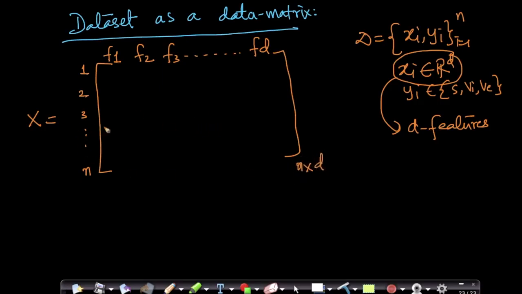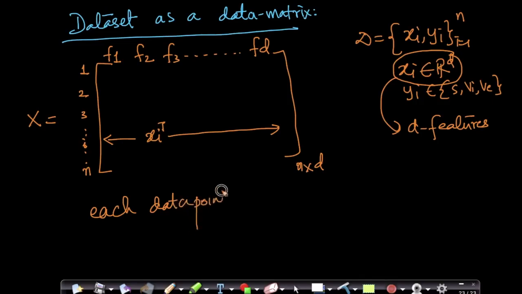Each row here, the ith row, is nothing but your xi transpose, right? Here I'm representing each data point as a row. Why did I write a transpose here? Because if I just wrote xi, the default xi is always a column vector.